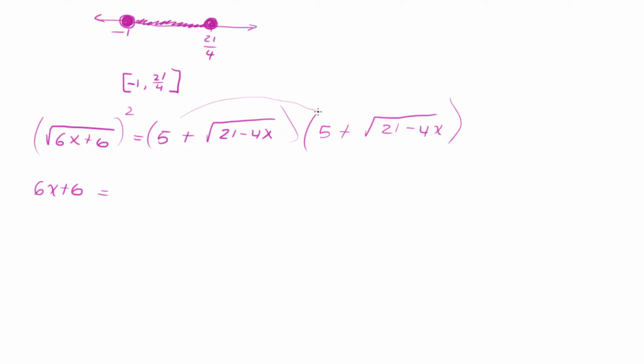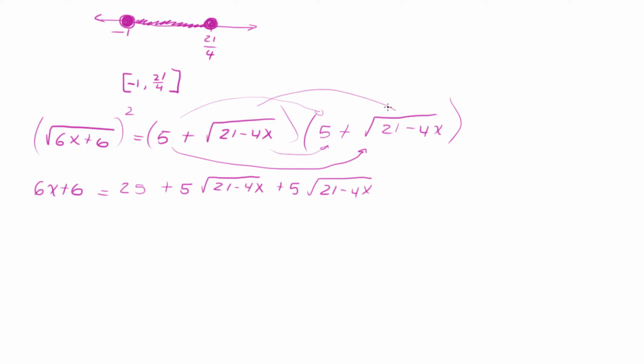So 5 times 5 is 25. 5 times radical, remember, you're not allowed to multiply a number into the inside of a radical if it's not a radical itself. So you're left with 5 radical 21 minus 4x. And then these two multiply again, 5 radical 21 minus 4x.